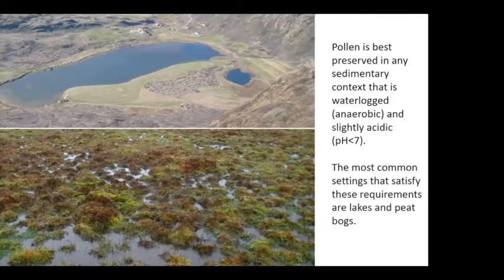Pollen is best preserved in any setting that is waterlogged, meaning anaerobic, so oxygen is kept out of that environment to slow down rates of decomposition or even halt them completely, and also slightly acidic, so the pH of that environment being under 7. And the two most common settings that satisfy these requirements are lakes and peat bogs, which are obviously very wet, and particularly in terms of peat bogs, typically have very acid plant communities growing upon them.